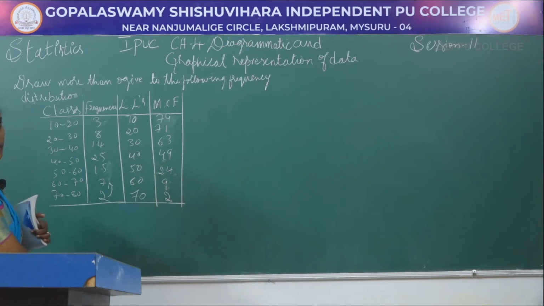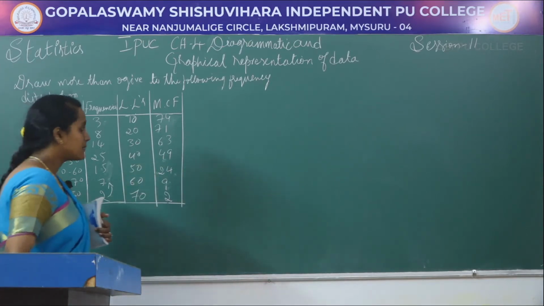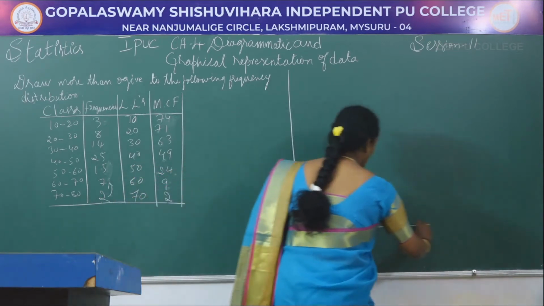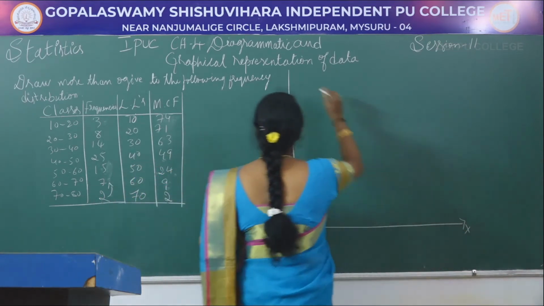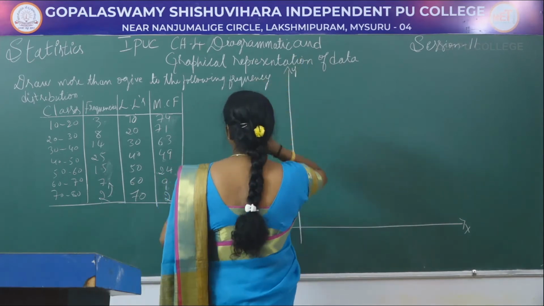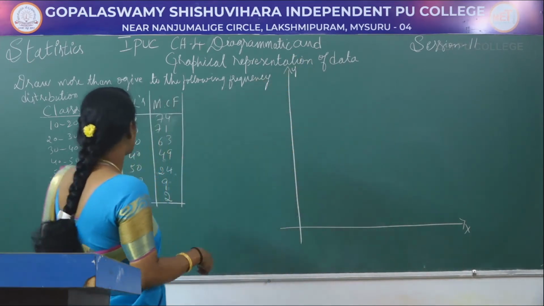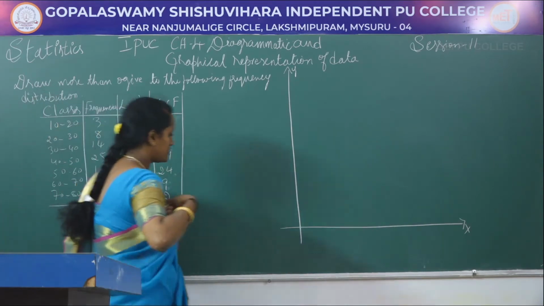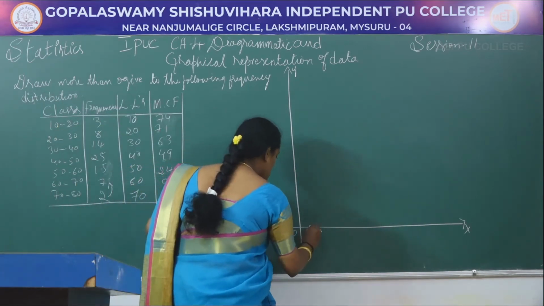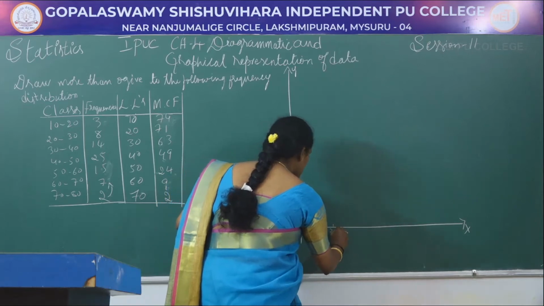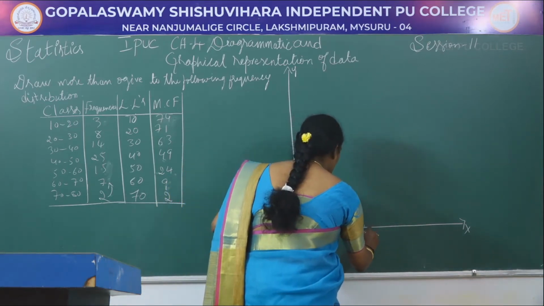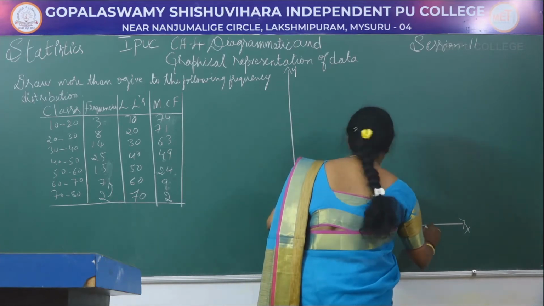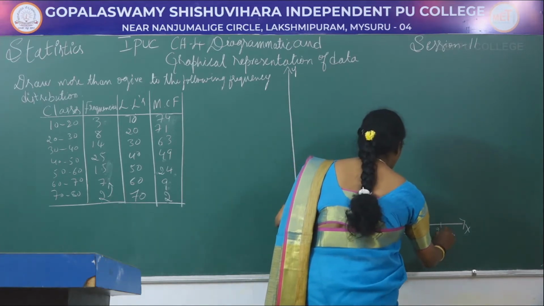The more than cumulative frequency will be drawn for this. Now, this is the x-axis, this is the y-axis. In the x-axis we will take the classes, so I will mark these classes. It will start from 0: 0, 10, 20, 30, 40, 50, 60, 70, 80, 90.